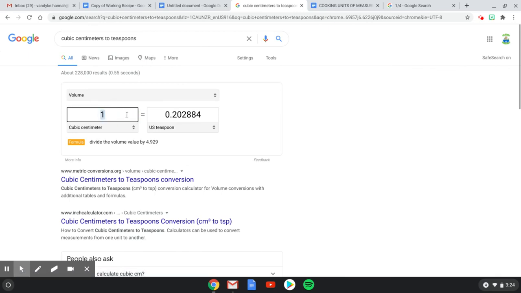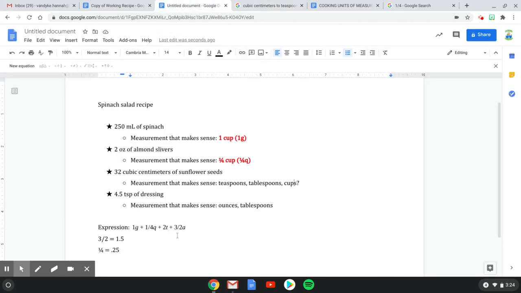I had 32 cubic centimeters, and I got 6.49. I'm just going to round that to 6.5. Going back to my expression, do my remaining terms have a 6.5 in front of them? I have a 2, and I have a 1.5, but I don't have a 6.5. Teaspoons don't work, so I'm just going to cross that out.